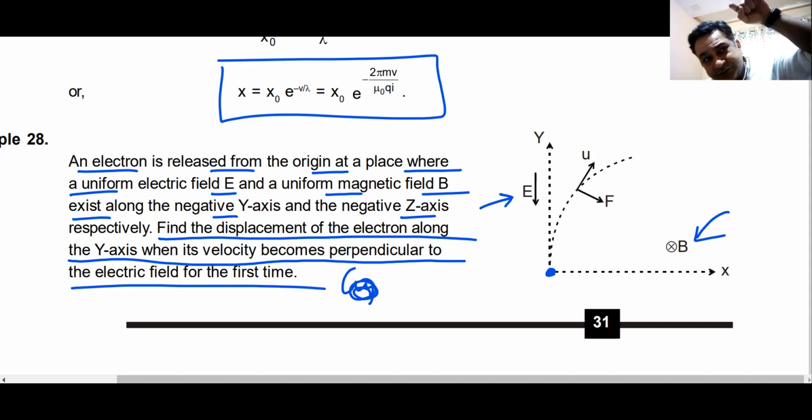Magnetic field is along the z-axis. Particle is at rest. Electric field is along the y-axis, so it can only affect the y-axis. So it is going to change the y-axis velocity. And magnetic field is along the z-axis. So this particle has to move along the xy plane. Yes or no?